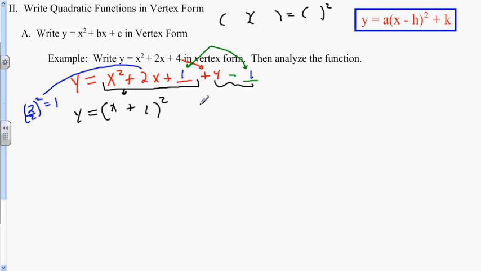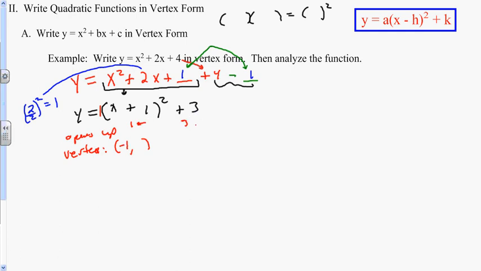This then gets put together with a plus 3. Now we have it in vertex form. We have a lead coefficient, or a, of 1, so we know it opens up. We have a vertex of, okay, this one moved 1 unit to the left, so it's -1.